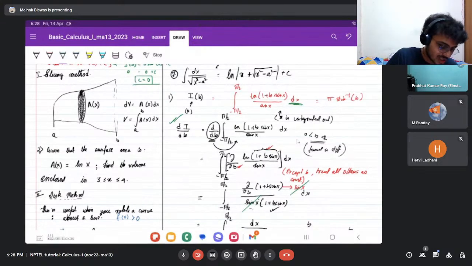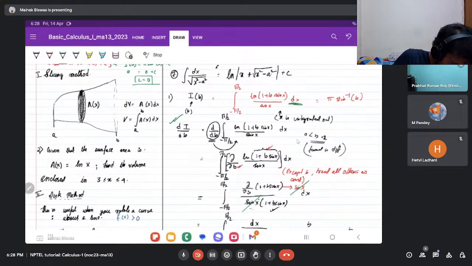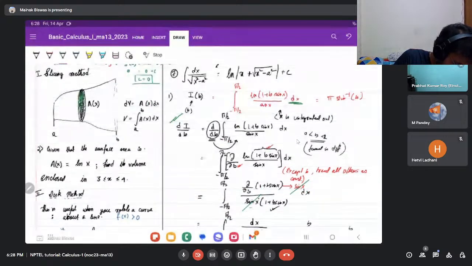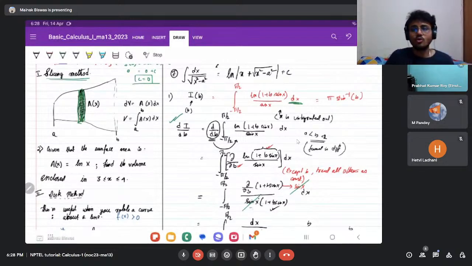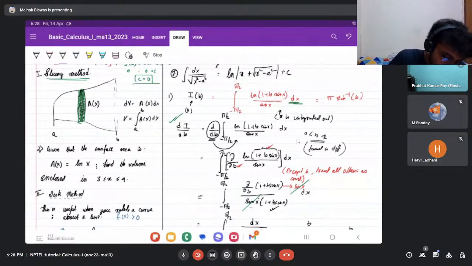So the first, the slicing method, what does it say? For example, look at this figure, right? If you have an area like this, if you know area as a function of x, what can you do? You are told to find volumes, right? If you are told to find volumes, what have we been doing in areas? In areas, what did we do?